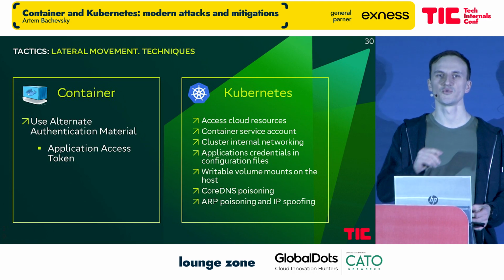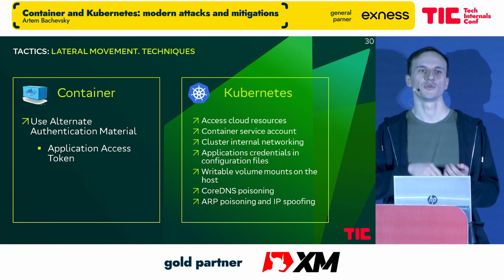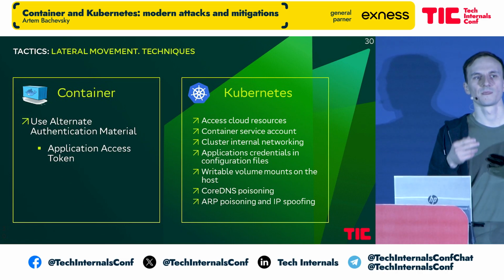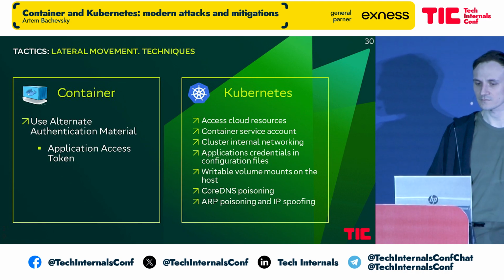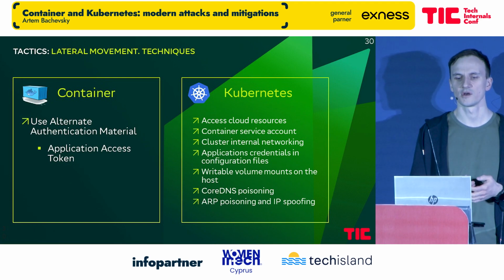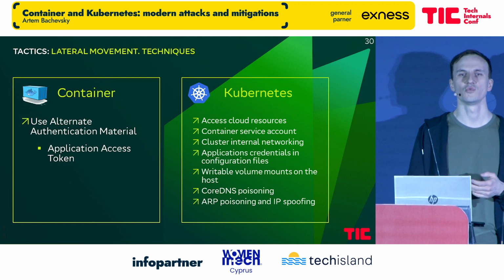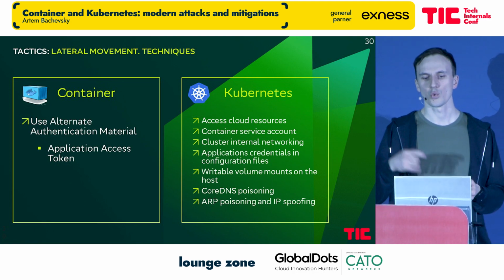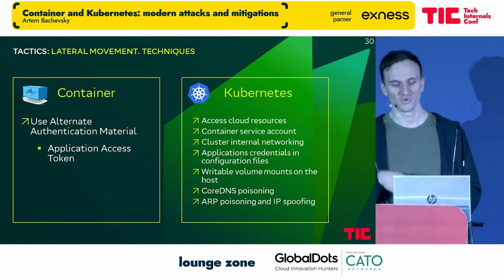Or you could do it through the node, because if you're on a node, you have access to everything that is executed on this node. Also, ways like DNS and ARP poisoning could help you with getting control over new targets.